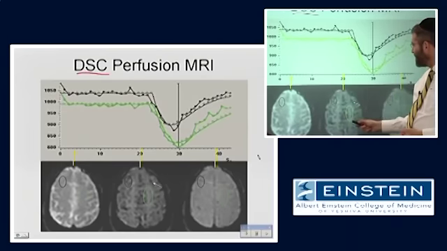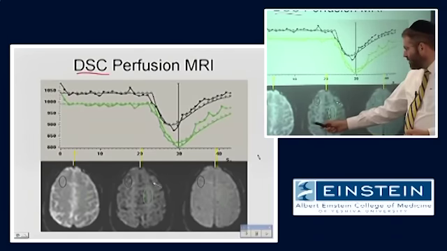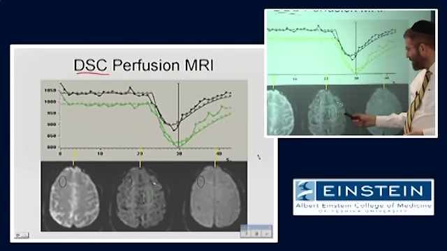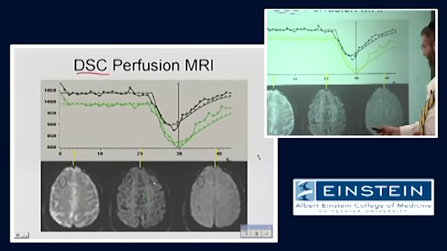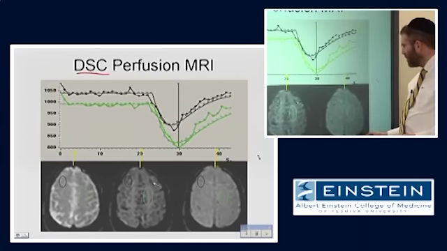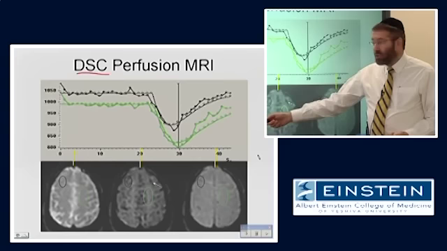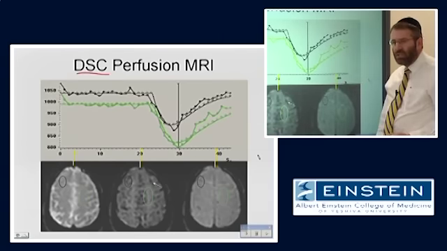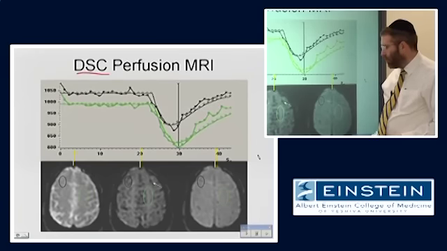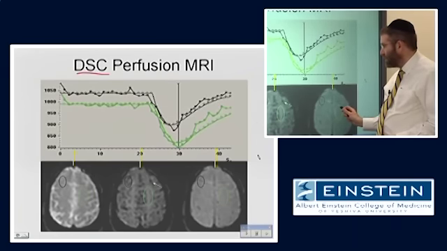Once the contrast arrives, notice how where the sulci are located, where all of the vessels are, we have this loss of signal. And then after the contrast is gone, we have a signal which is more similar to initially, but it doesn't actually completely reach its initial baseline. The reason for that is twofold.